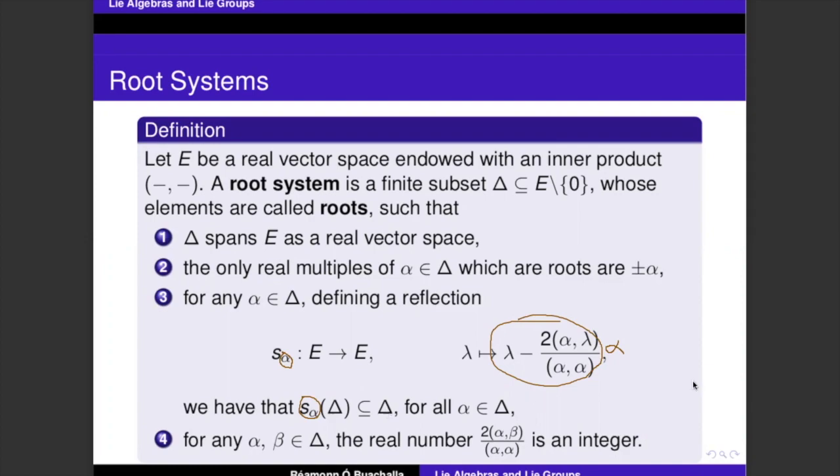And then finally, we want to impose an extra condition on this scalar. We want that this is actually an integer. Okay.